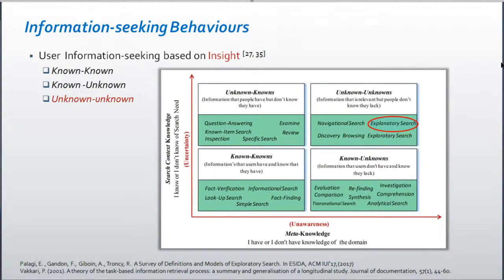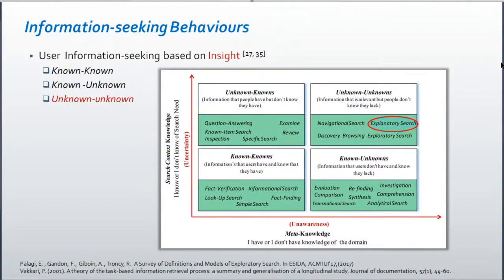But my interest is in the fourth block, where both parts are unknown, uncertain, right? Here we have placed broadly four behaviors, very precisely. The first is called exploratory search. Similar to that, we refer to a discovery kind of search.